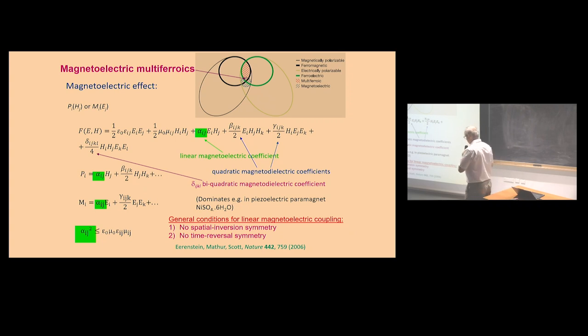Important is that in multiferroics, we need strong linear magnetoelectric coupling, and this linear coupling is allowed only when you have no spatial inversion symmetry, which is the case in the ferroelectric phase, and no time reversal symmetry, which is the case in ferromagnets, but also in some antiferromagnets.